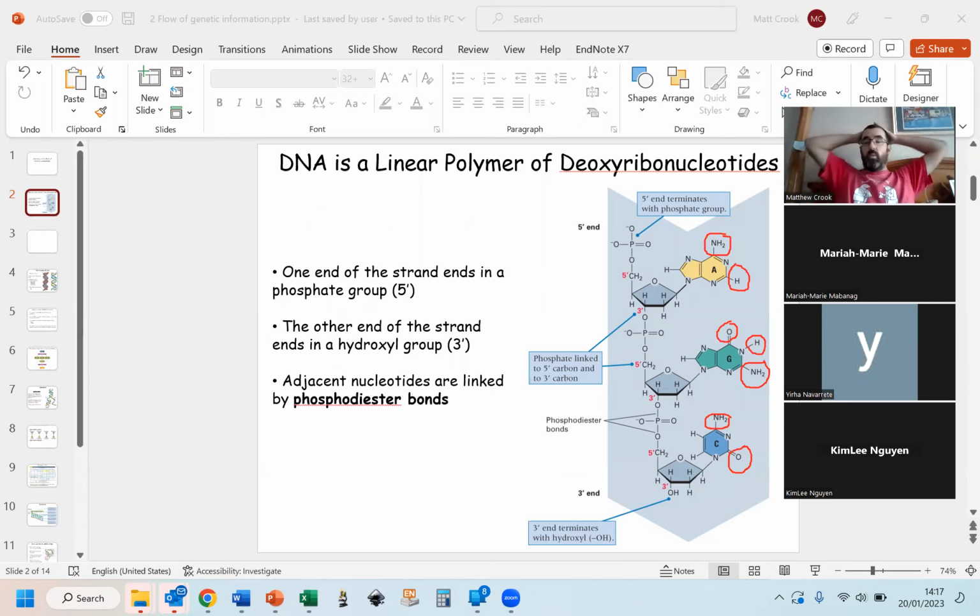Anybody remember what kind of bond forms between a slightly positive and a slightly negative region caused by a polar covalent bond? I'll type that out in the chat.